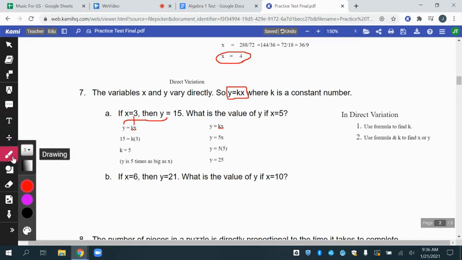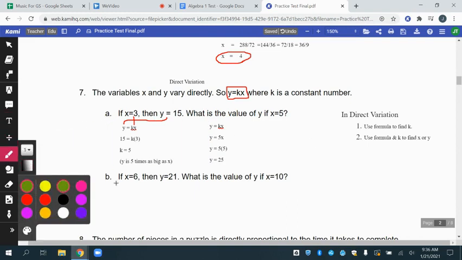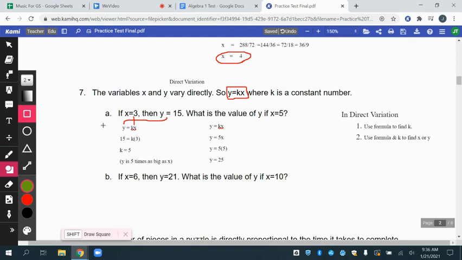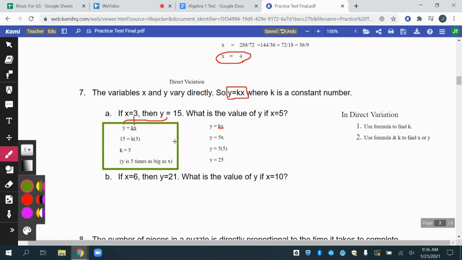Let me really quickly circle this one in green. I'll box it in green, and then I'll make a line in green. This is step 1.